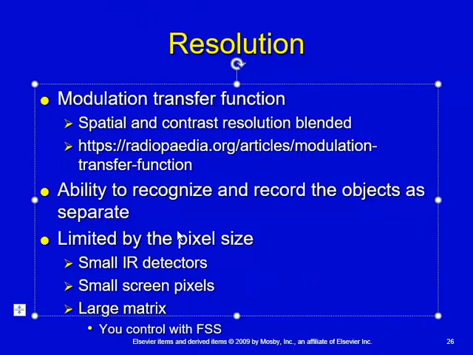So what we want are small image receptor detectors, small screen pixels, and a large matrix. What you use to control resolution, I apologize, this is way down at the bottom, is the focal spot size. Small focal spot size gives us the highest possible resolution.